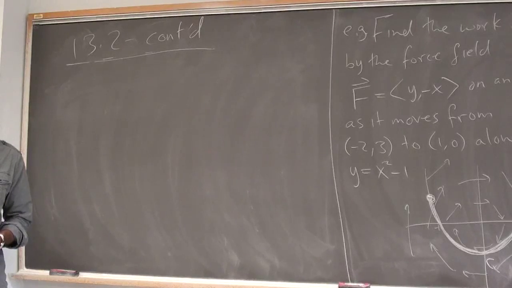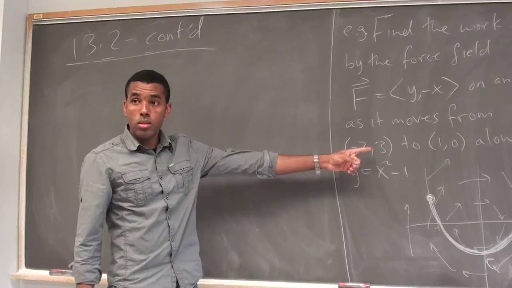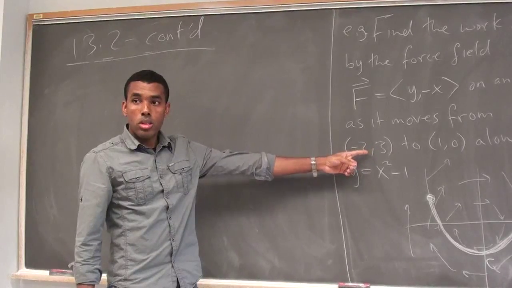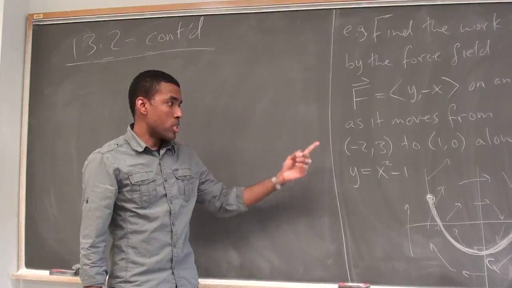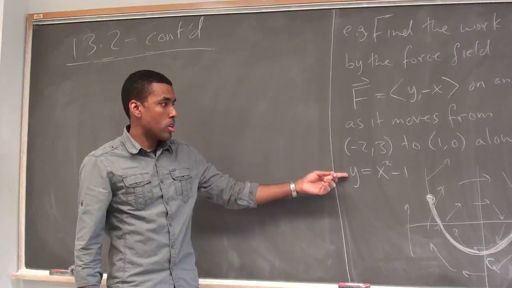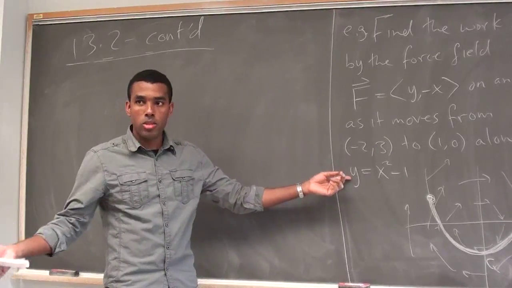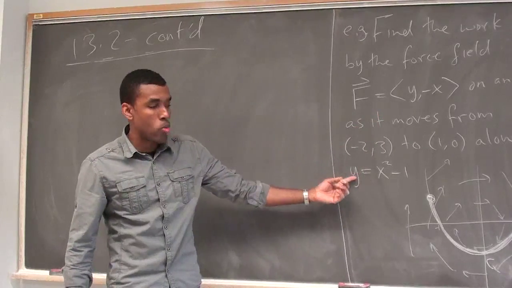Just asking that question to find R. R is going along this curve from that point to that point. So it's not a straight line, it's not a circle, so I can't use those formulas. So I decided to parameterize in terms of the independent variable. X is the independent variable here, so I just let that be t and write y in terms of that.